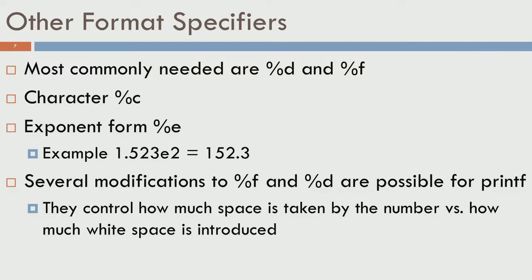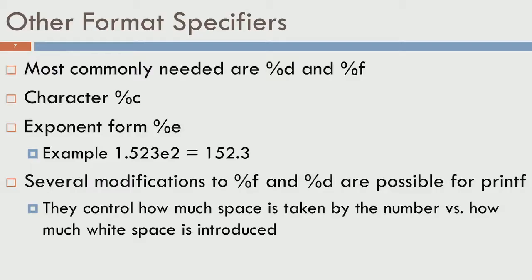There are also several modifications to %f and %d which you can use in printf. However, they only control how much space the number takes on the screen, they do not really control the values themselves. If you say %d it is an integer, so it will get printed as an integer, but a percentage followed by a number and a d will take as many spaces as you specify.